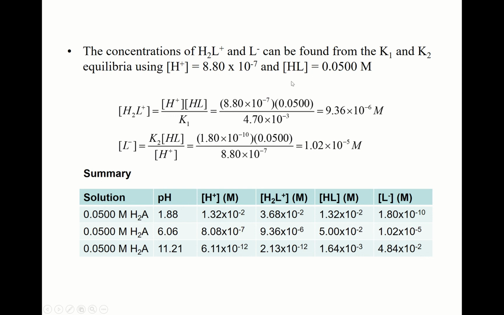We simply approximate the HL equilibrium concentration as the same as the formal concentration. Using K1, we calculate H2L plus, which is 9.36 times 10 to the minus 6, and L minus is this one.